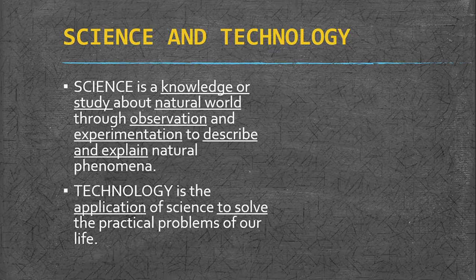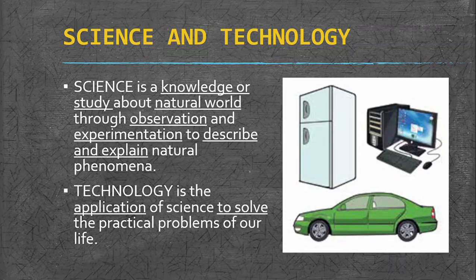On the other hand, what is technology? Technology is the application of science. So why do we need technology? We need technology to solve our practical problem in our day-to-day life. So, from this definition, we can understand that we use science to make technology.